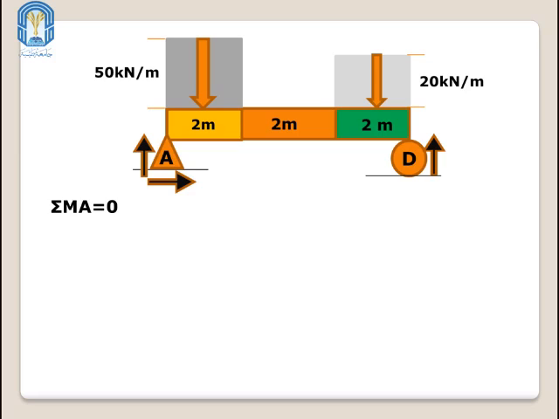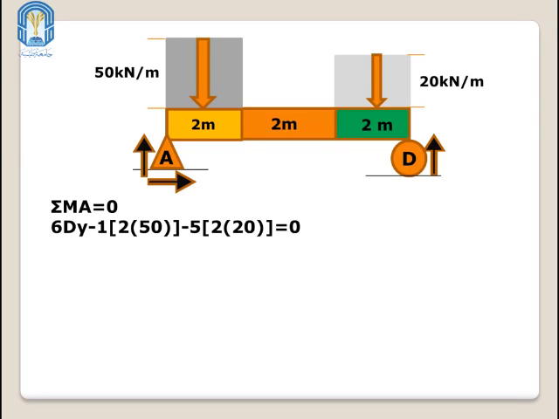For the first and second distributed forces, it will be clockwise, and that means it will be negative. And our reaction Dy will be anti-clockwise, and that means it will be positive.